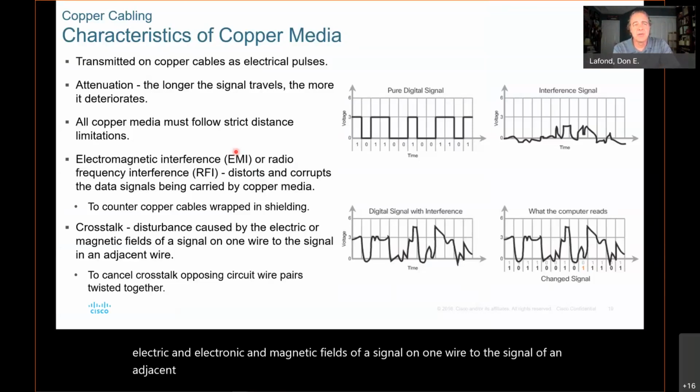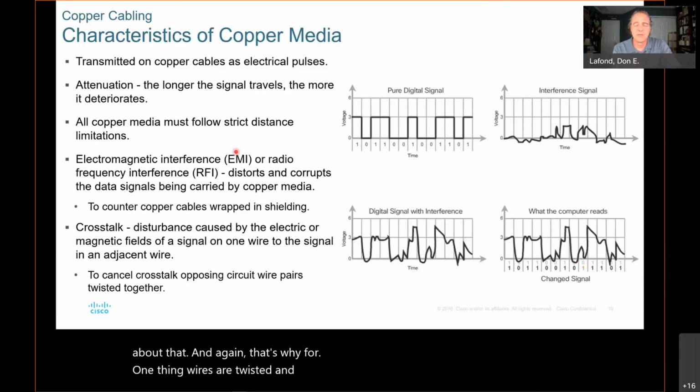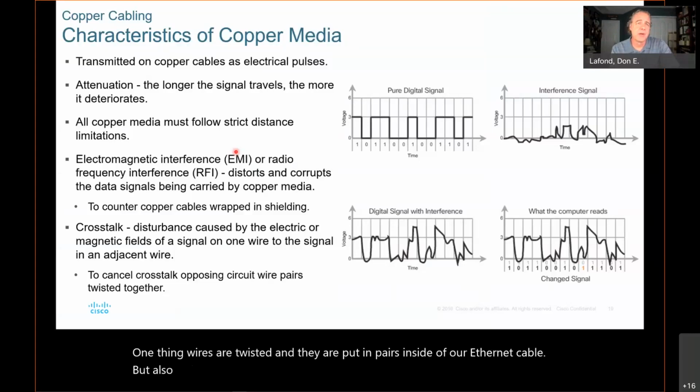That happens within the cable itself, and that's why, for one thing, wires are twisted and put in pairs inside of our Ethernet cable. But also, you want to try to avoid running your Ethernet cable with other types of cabling.